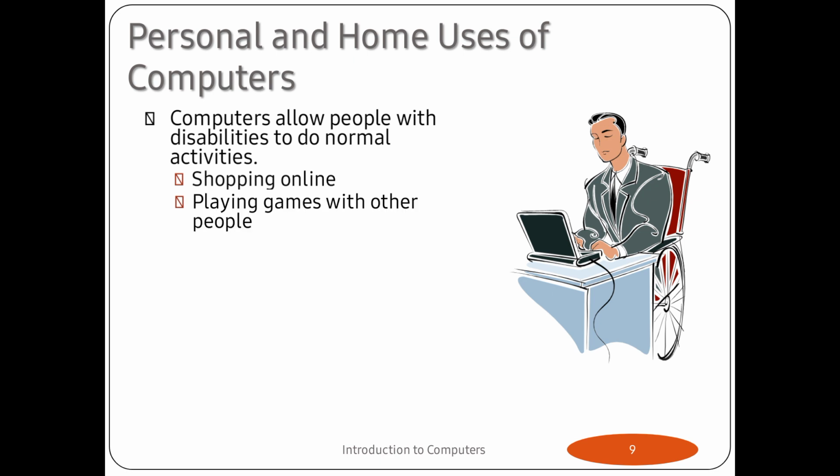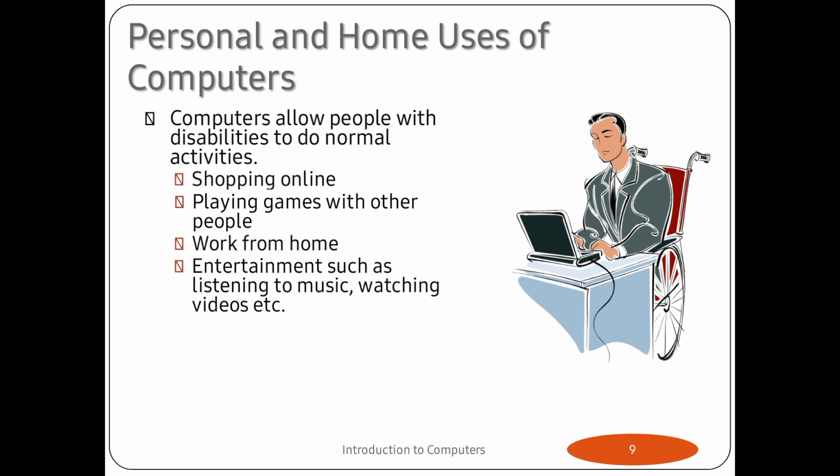We also have playing games with other people over the web, and also work from home. Since the pandemic, people have chosen working from home as a better or as an alternative way of making money.